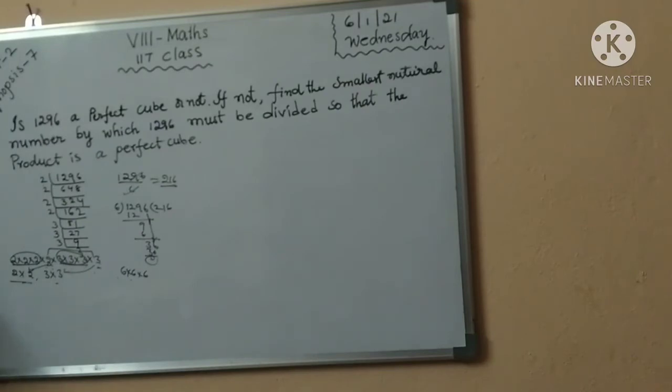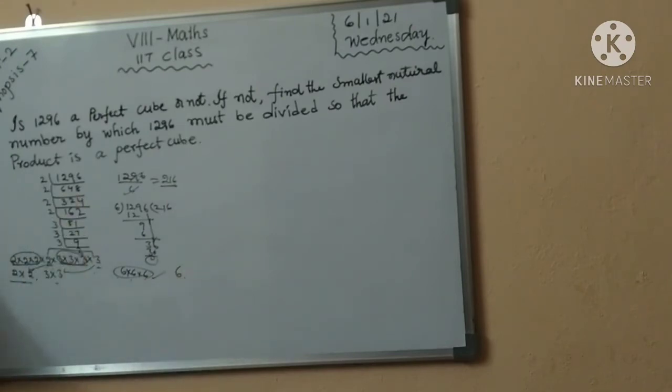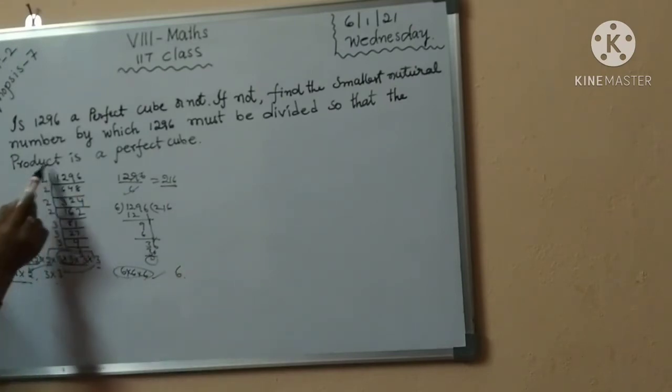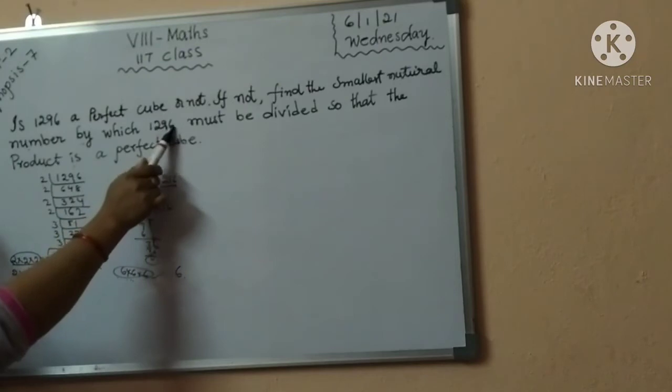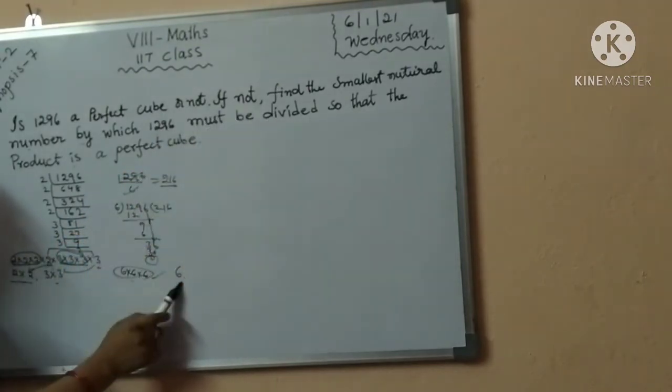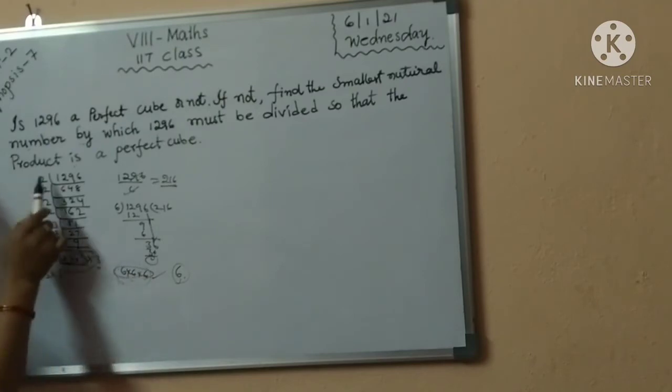So the smallest natural number by which 1296 should be divided to make it a perfect cube is 6. The quotient is a perfect cube.